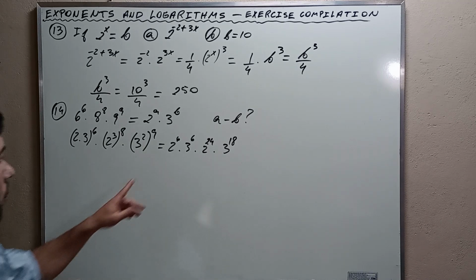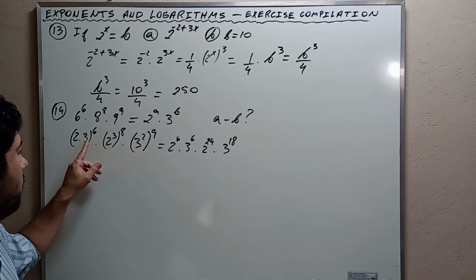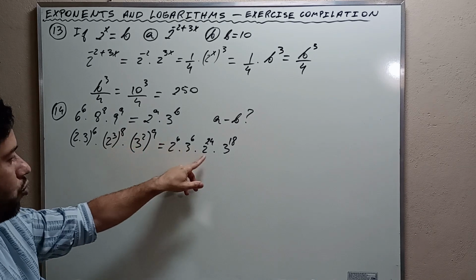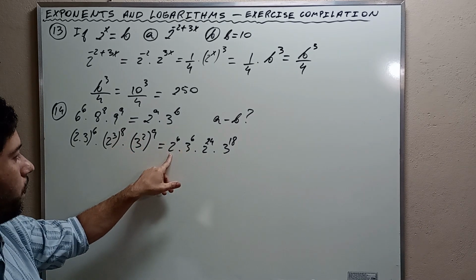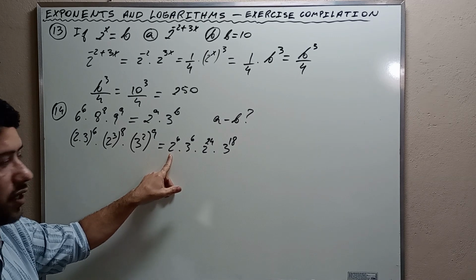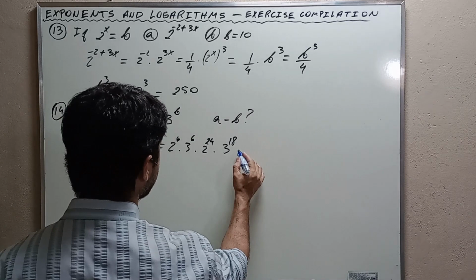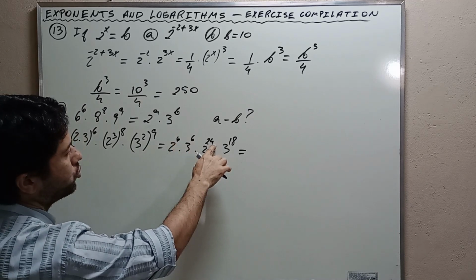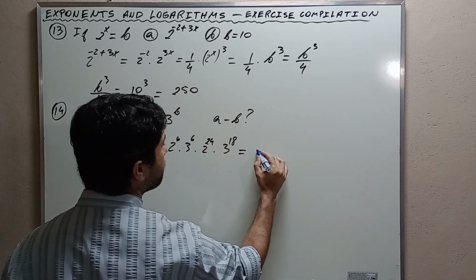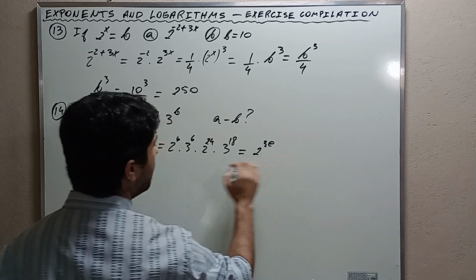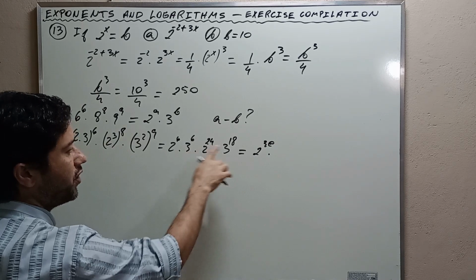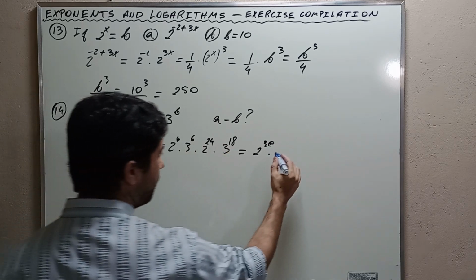And now it is not multiplication anymore like this. Here it was multiplication, 3 times 8, 24. Now it is not multiplication anymore, it is addition. Then our number becomes 6 plus 24 is 30. And for the 3's, 6 plus 18 is 24.